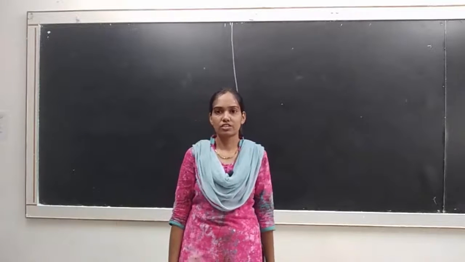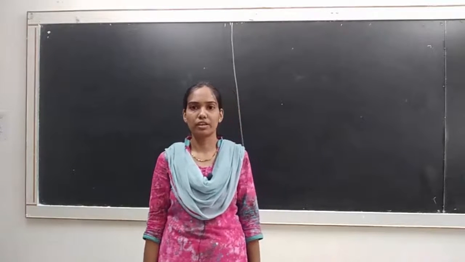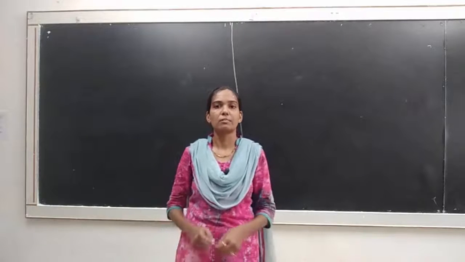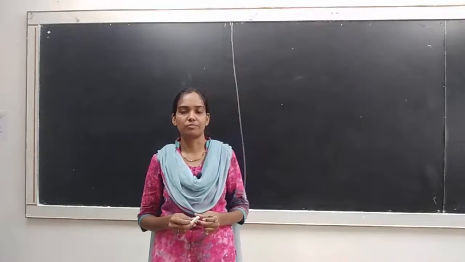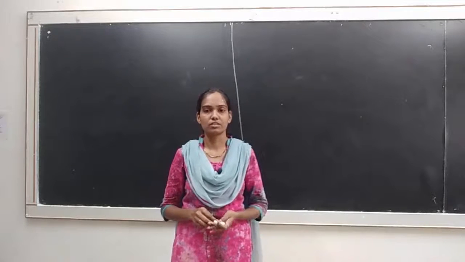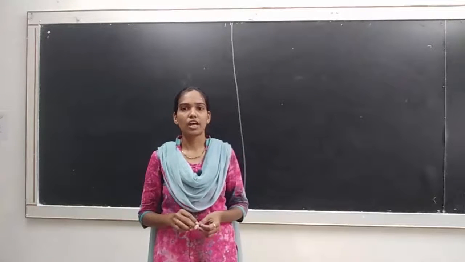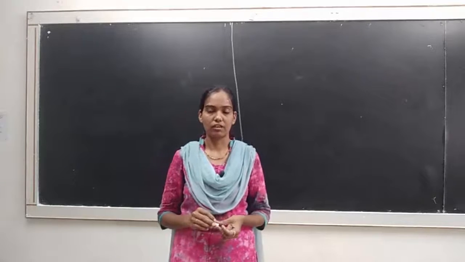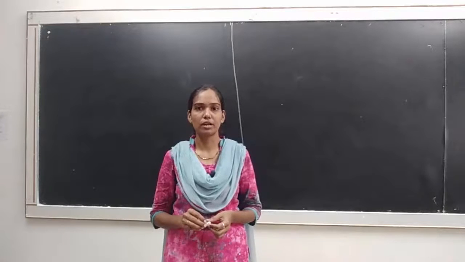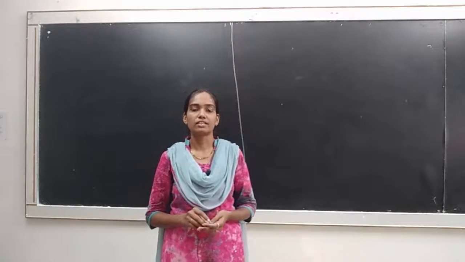In the previous lecture, we saw the topic Introduction to Errors of Chapter 1, Algebraic and Transcendental Equations. In that we saw the concepts, first the accuracy of numbers, in which we saw exact numbers, approximate numbers and their examples.